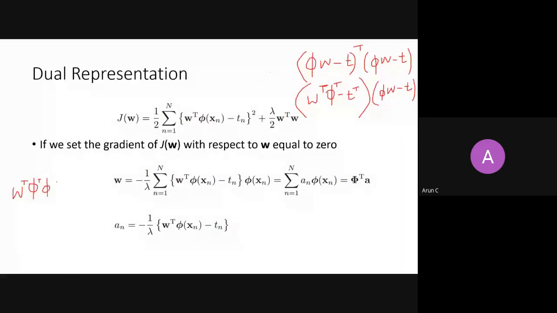So if I put phi transpose A with respect to W, right? So there are two W's here. So what I will get, it will get A transpose phi, right? Then these two phi will come. This is phi transpose phi.